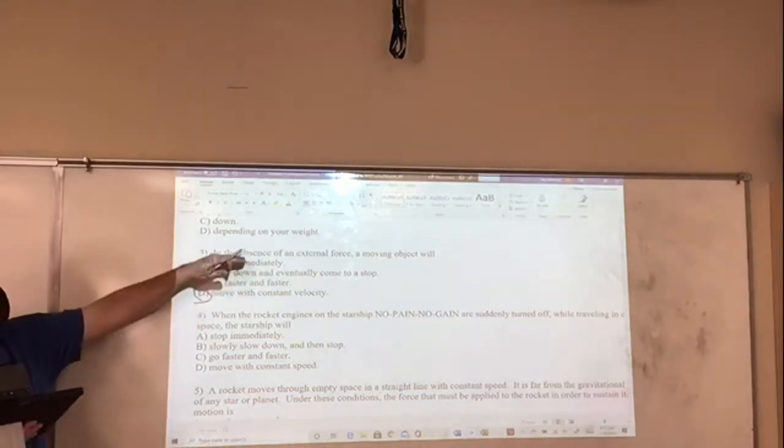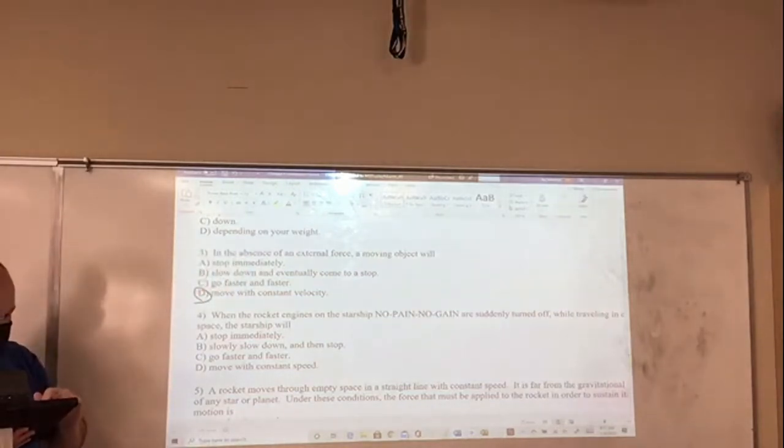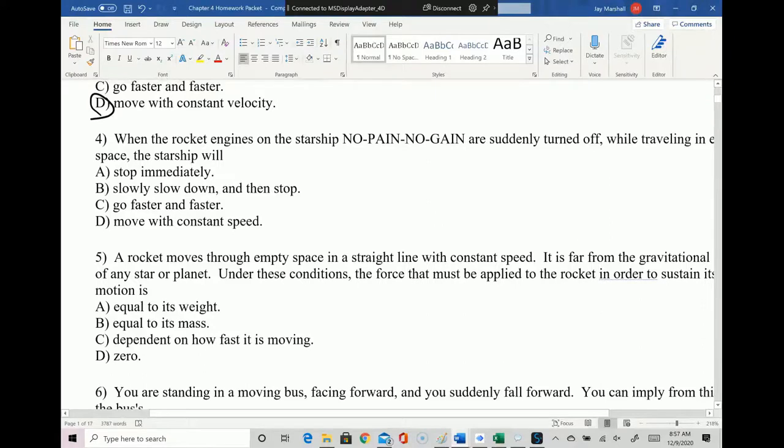But if there is no external force acting on it, when the rocket engines on the Starship No Pain, No Gain are suddenly turned off while traveling in outer space, the Starship will move with a constant speed.